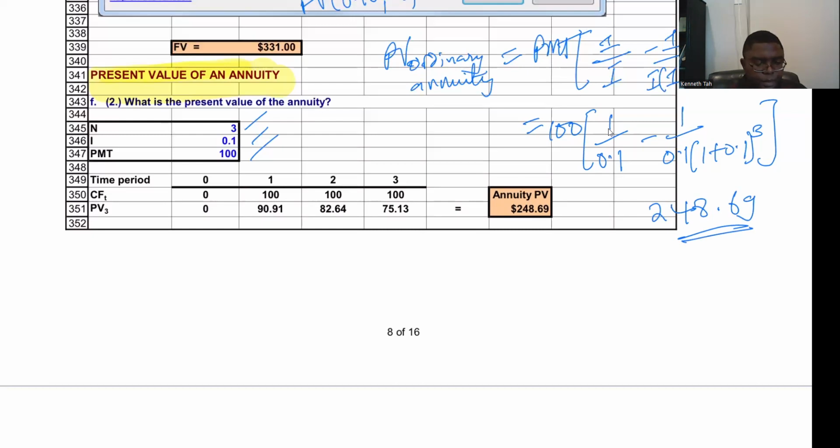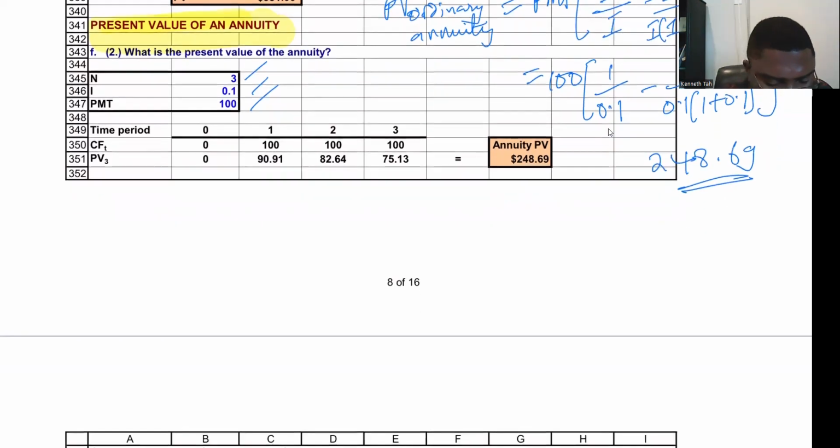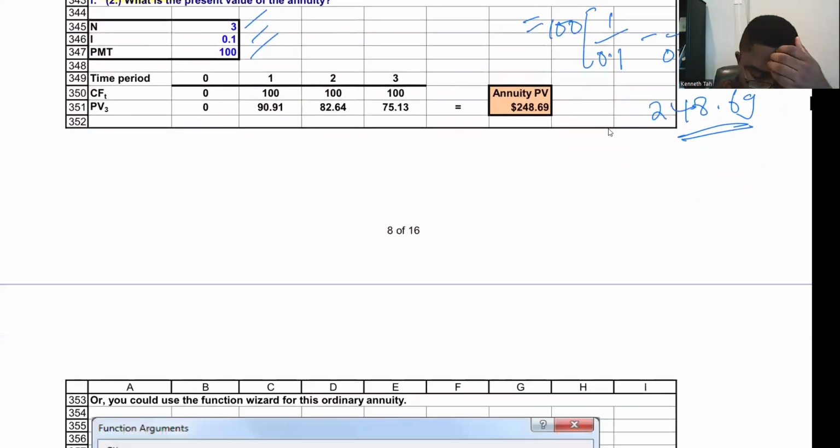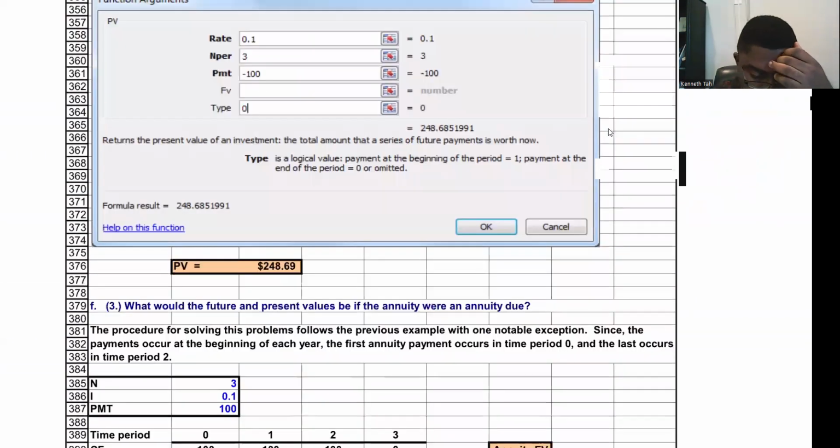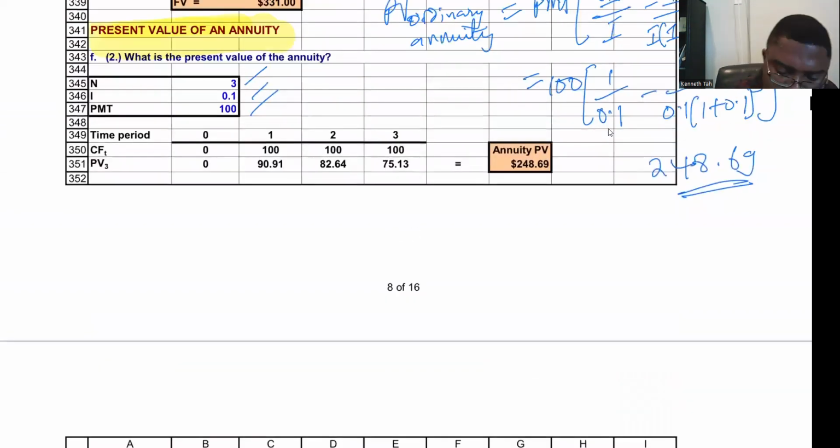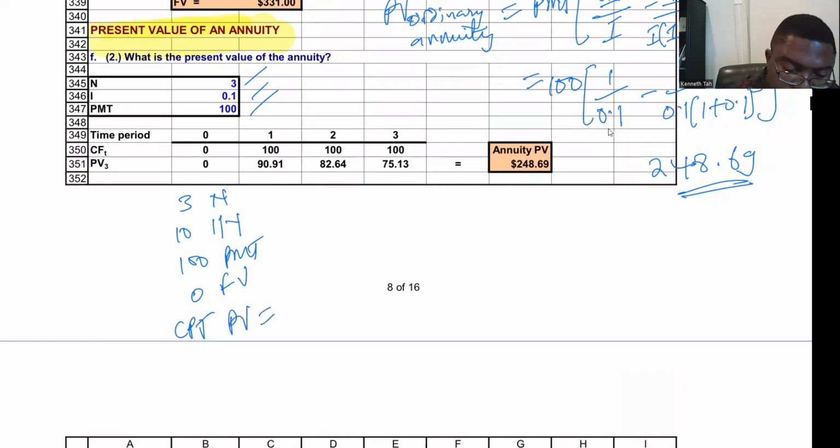We can also use our financial calculator. All we need to do is take 3 as n, 10 as I/Y, 100 as payment, 0 as future value, and compute present value, and we are going to have negative 248.69.